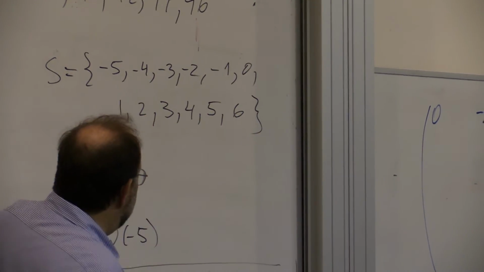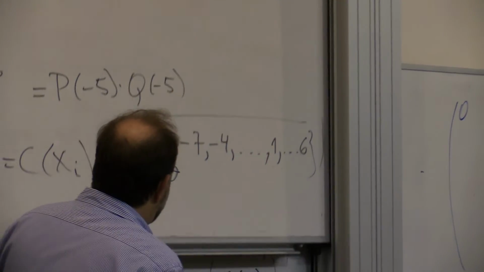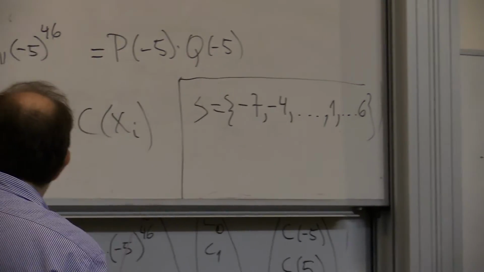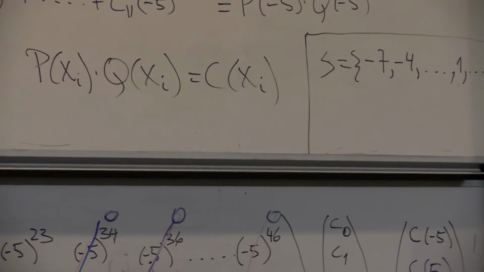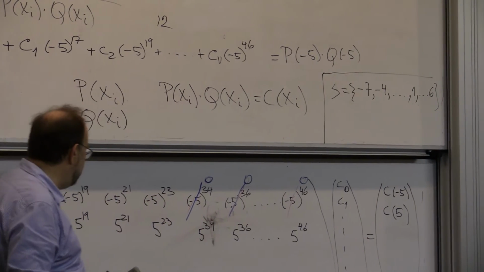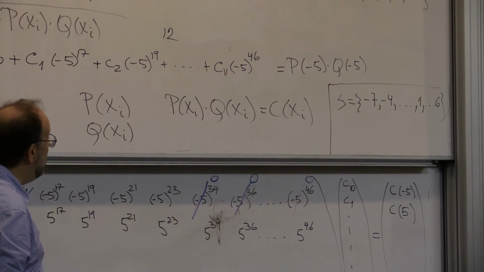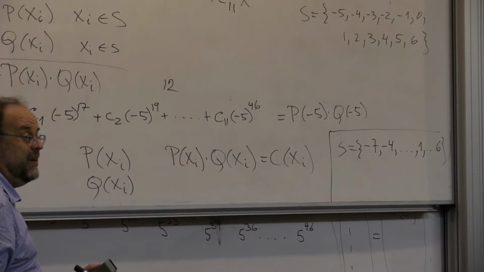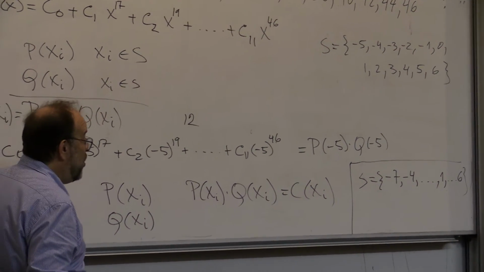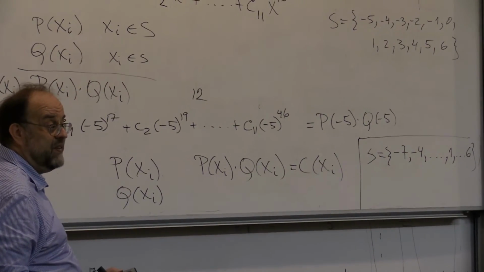But if you take -7 and then the rest up to here, one can verify that the corresponding matrix, so just imagine here -7 rather than -5, is non-singular and you can solve it. So in principle, there are only 12 multiplications needed.